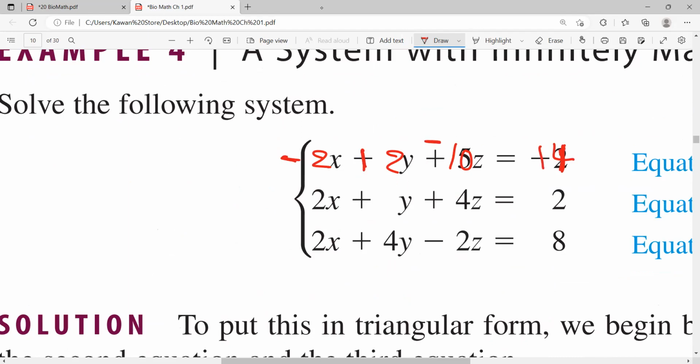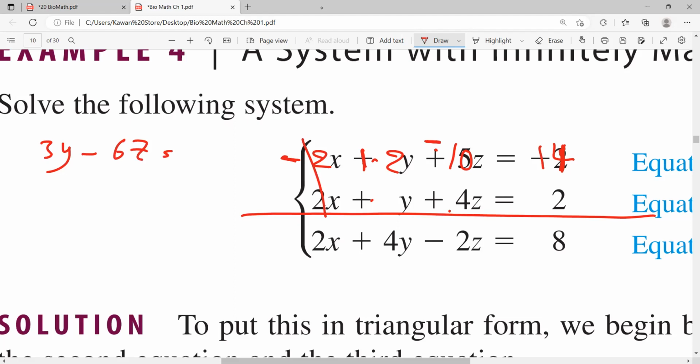Am I right? So if I change that one with equation number 1 and equation number 2, and I add them, of course that one will be 0. 3y, 10 plus 4 minus 6z equal to 6. That one will be my equation number 4.